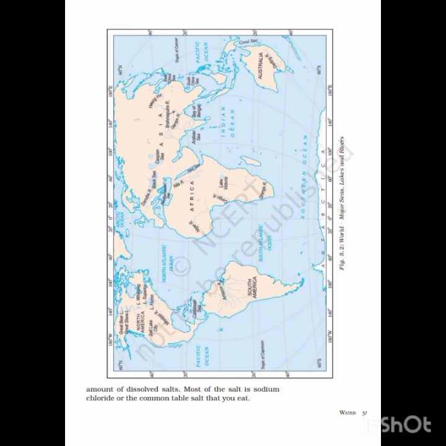Now if we look at India, that is in Asia, we see that there are several seas like the Arabian Sea, Bay of Bengal, and if we talk about the rivers, there are the Brahmaputra River and Ganga River as shown in the map.